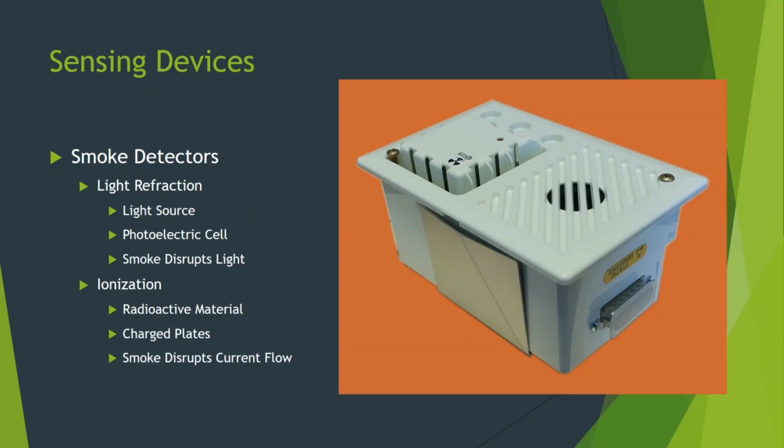If they have the radiation symbol, they're an ionization type. In this case, what you have is a couple of charged plates with some kind of radioactive material, and that radioactive material gives off charged ions that hit the plates, so there's a certain amount of radiation hitting those charged plates, which produces a current. The smoke in this case gets between the radiation source and the charged plates.